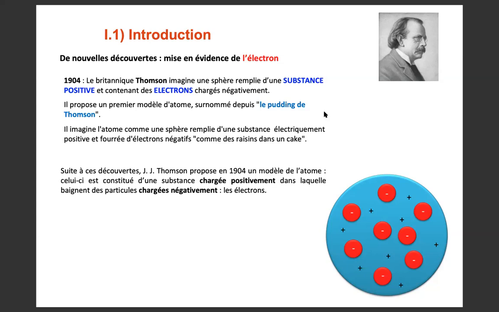So in this case, in 1897, Crookes cathode ray, I think you guys know what the Crookes cathode ray is. With the Crookes cathode ray, J.J. Thomson demonstrated that cathode rays are actually made up of negative charges.